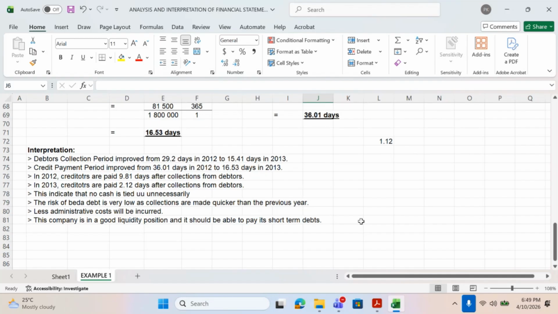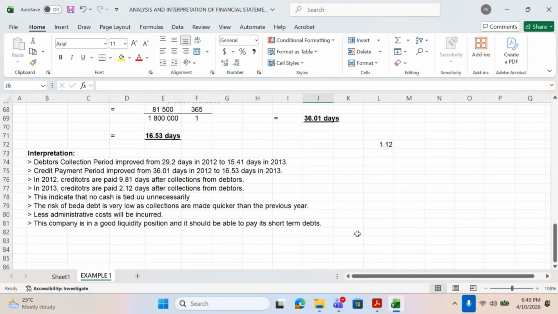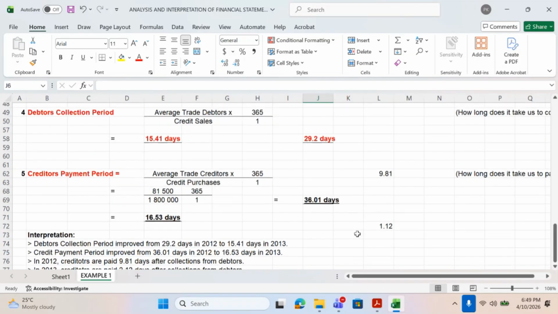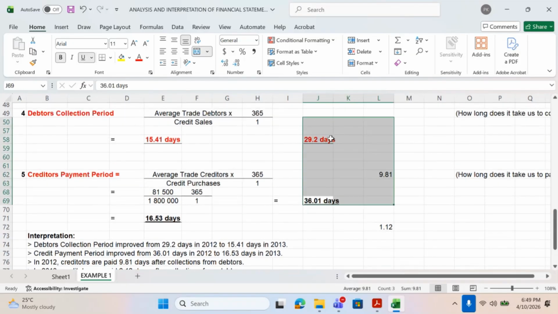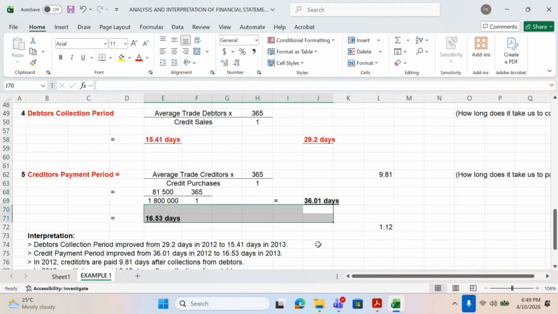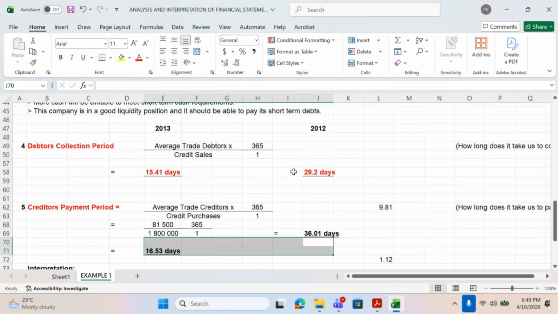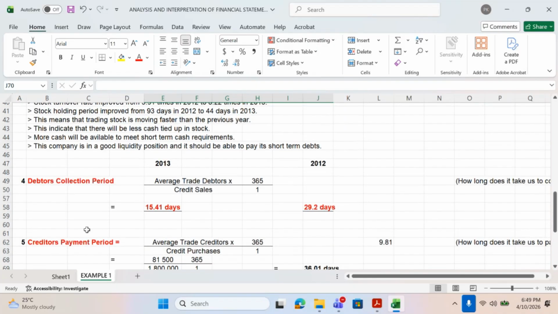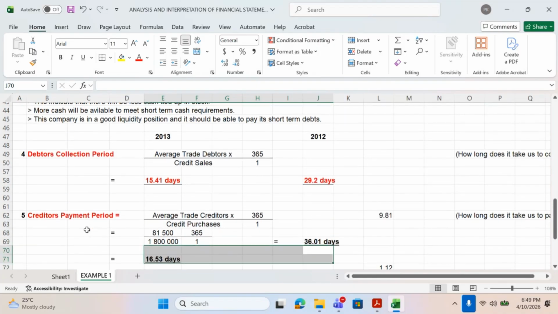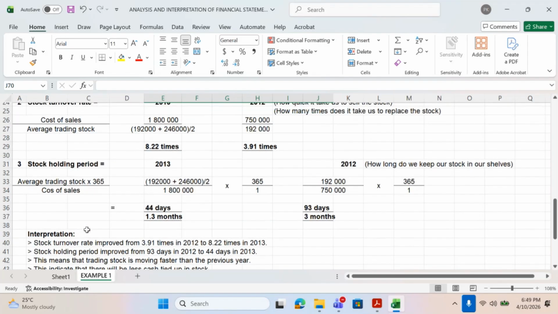Anything else, guys? Any questions on your side? Anything that is not clear? Can you see how you play with your ratios? You compare this to this, you go horizontal, you go vertical. That's why I'm doing them two by two here. Debtors collection period and creditors payment period have a relationship.